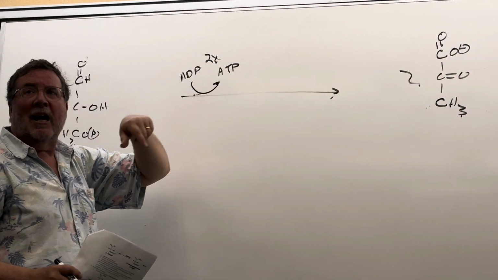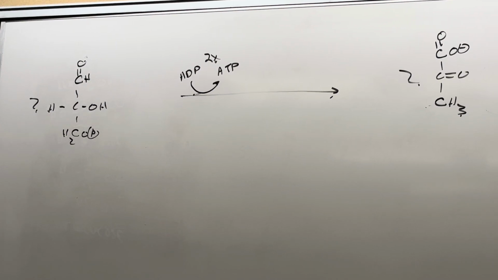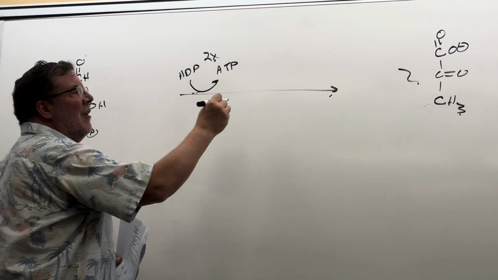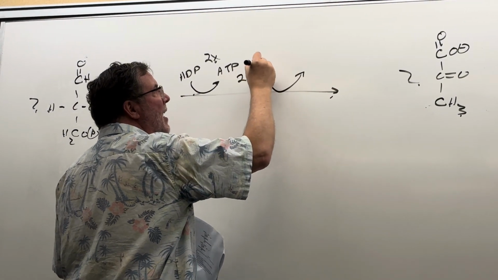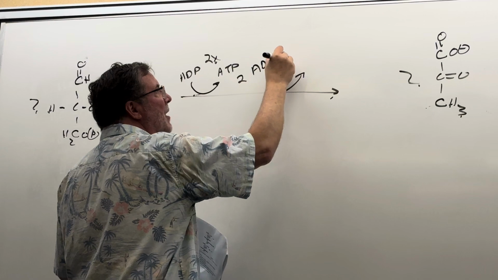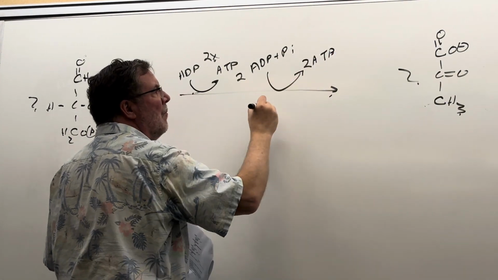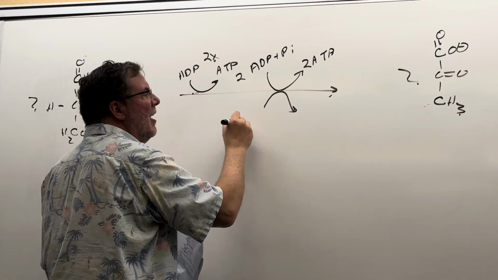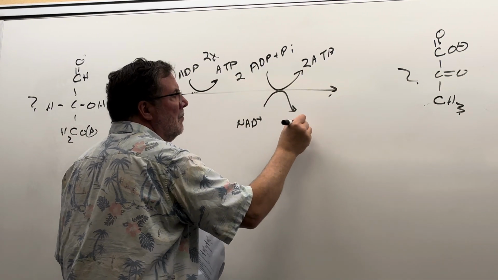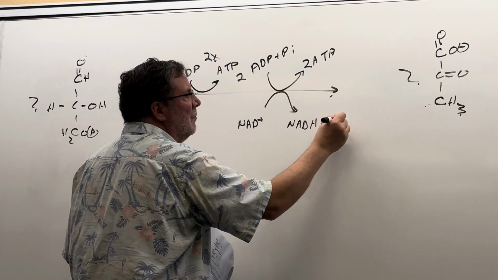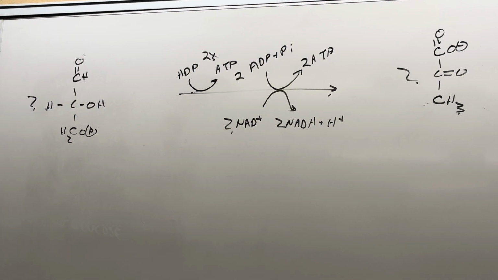That oxidation can be coupled to what's known as substrate level phosphorylation to generate ATP. So I'm going to draw that like this: 2 ADP plus Pi goes to 2 ATP, and that's coupled to that oxidation. Again, this is all 2 times per glucose molecule.